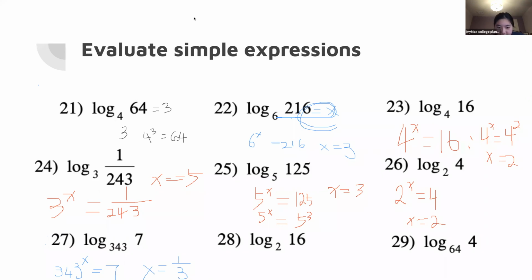Next one, 2 to the x power equal to 16. X equal to 4. And then the last one, 64 to the x power equal to 4.